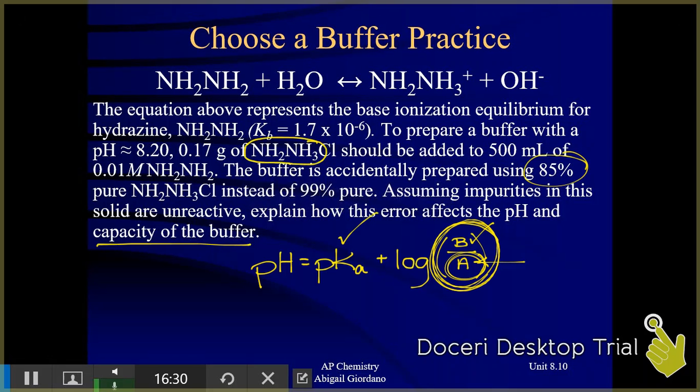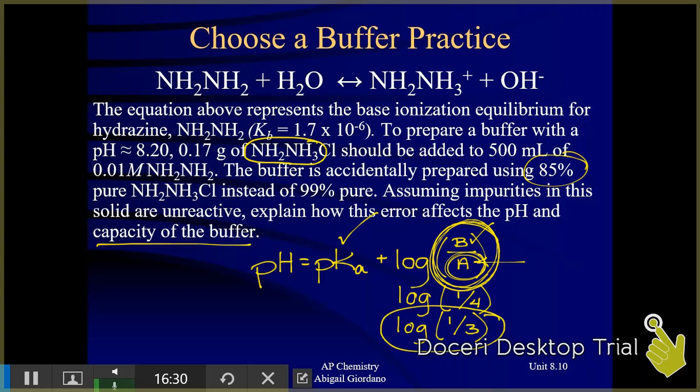If the denominator is going to get smaller, think about it mathematically. It's like comparing the log of 1 divided by 4 to the log of 1 divided by 3. The denominator got smaller. What effect does that have? That makes this whole piece not quite as negative.